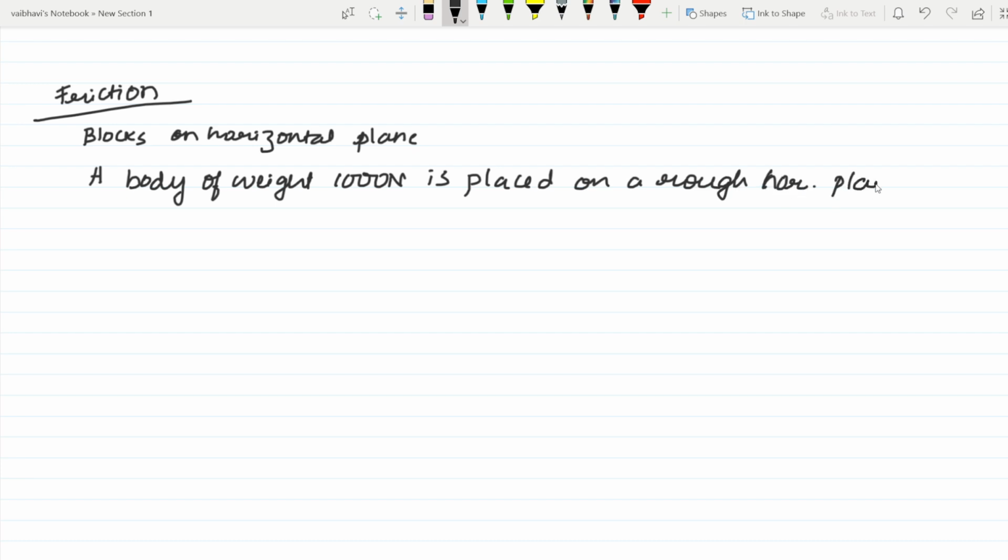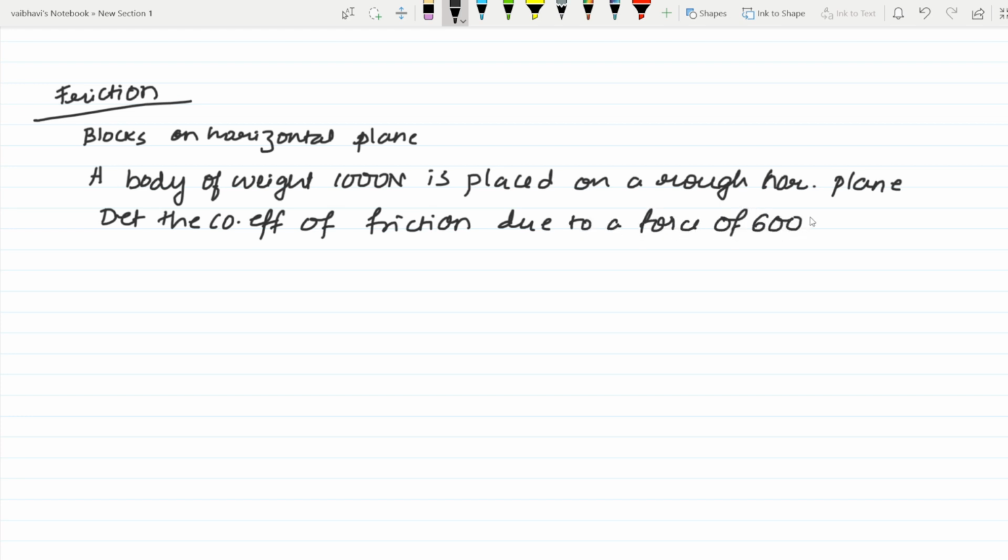Determine the coefficient of friction due to a force of 600 Newton in horizontal direction, just to cause the body to slide.